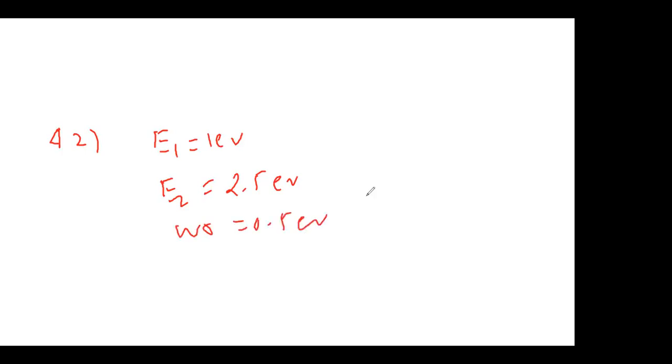Two photons of different frequencies, having energy 1 electron volt and 2.5 electron volt, are respectively illuminating a metal of work function 0.5 electron volt. Then the ratio of maximum speed? Let me do a shortcut because we have already done one sum. The ratio of speed will be E1 minus work function upon E2 minus work function.